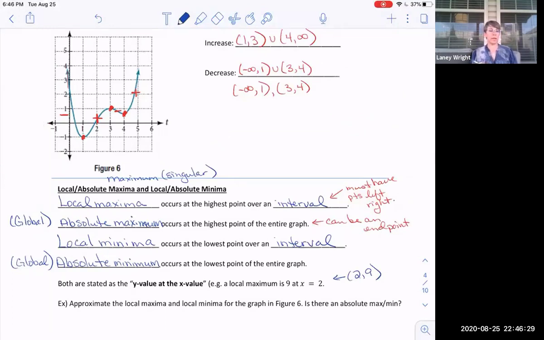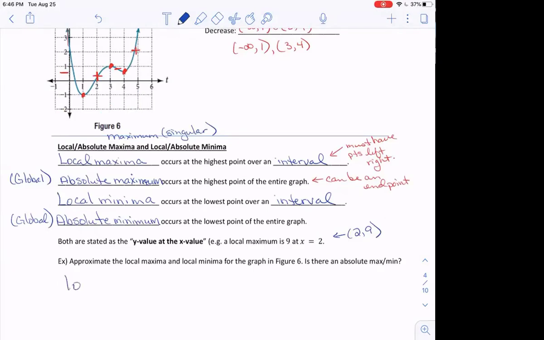And they want us to approximate any local maxima, any local minima for the graph, and then see if there's any absolute max or absolute min. So we have a local minimum of -1 at x equals 1, and maybe we'll do approximately 0.7 at x equals 4.